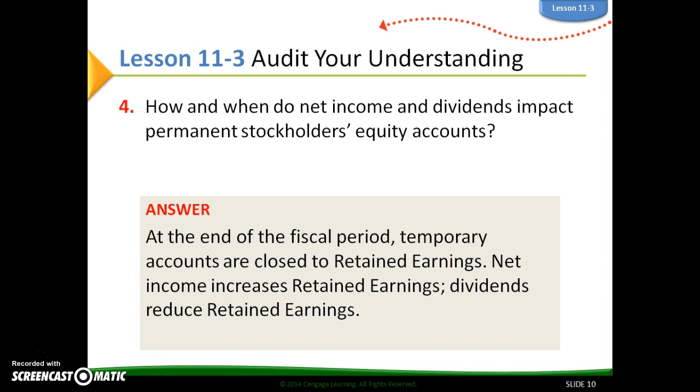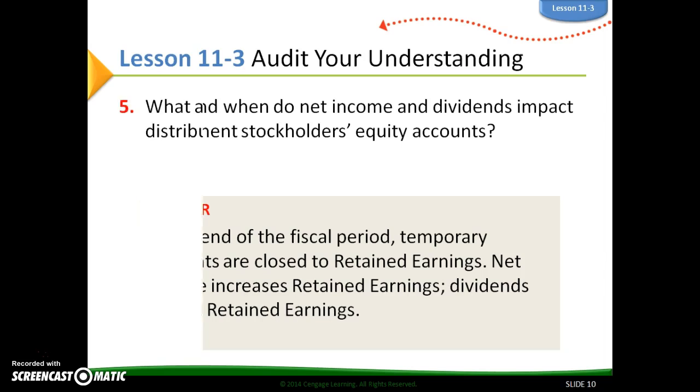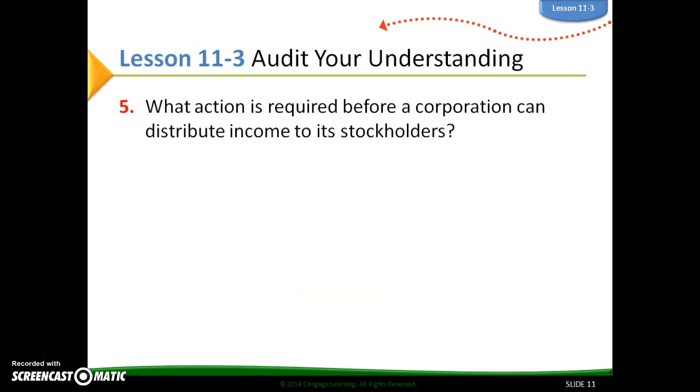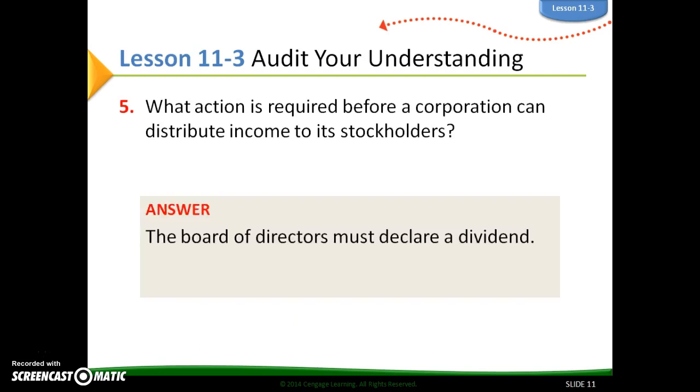Net income increases retained earnings, and dividends reduce retained earnings. So when a company has net income, it increases the retained earnings for the company. When they decide to pay out dividends, so they're paying out that income that the business generated, that actually reduces the retained earnings. What action is required before a corporation can distribute income to its stockholders? Remember, the board of directors has to get together, and they have to declare a dividend.